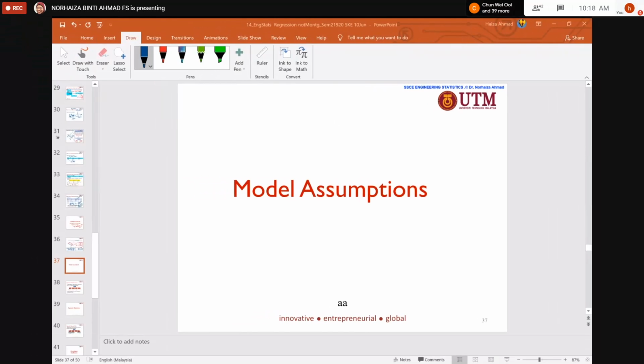Okay, so basically we'll discuss semester 1 1920 question on regression, tapi I'd like you to try first, and if you can try on the first part. Tadi soalan je, soalan regression je.